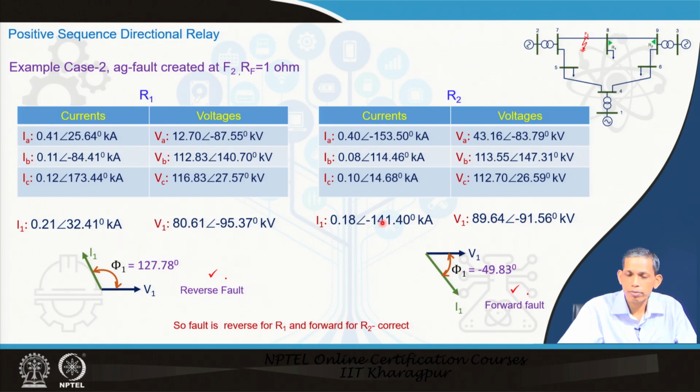So, angle of I1 minus 141.4 plus 91.96 gives you minus 49.83. Minus angle means this is a forward fault case. So, for R2 this is a forward fault case, this is also correct. So, we conclude that R1 and R2 correctly identified the fault, R1 finds it as reverse fault and R2 finds it as forward fault.